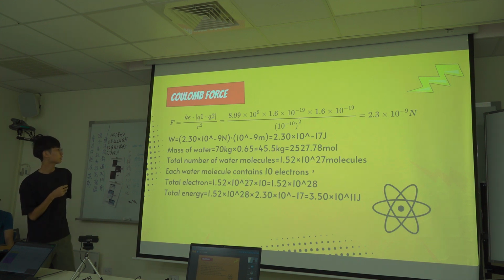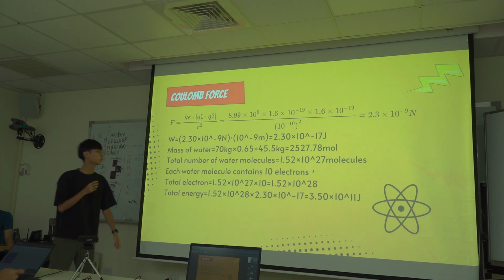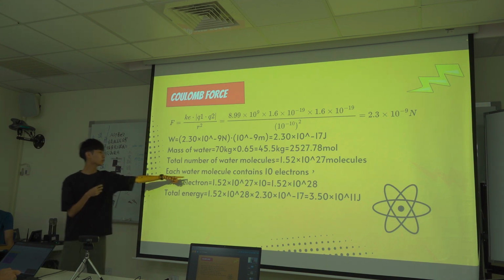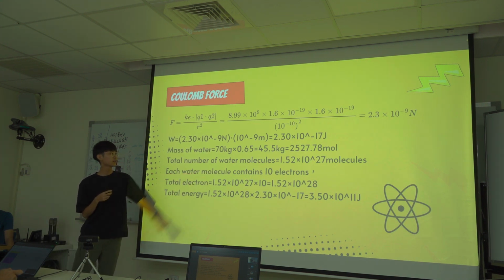So it is about 2,000 moles of water, and the total number of water molecules is about that, and each water molecule contains 10 electrons.